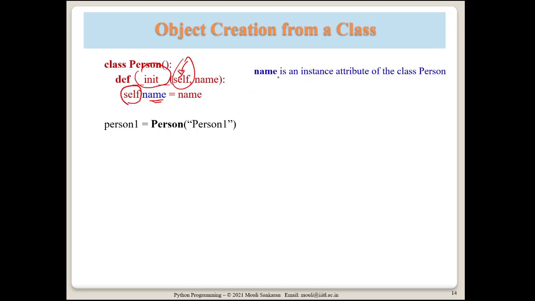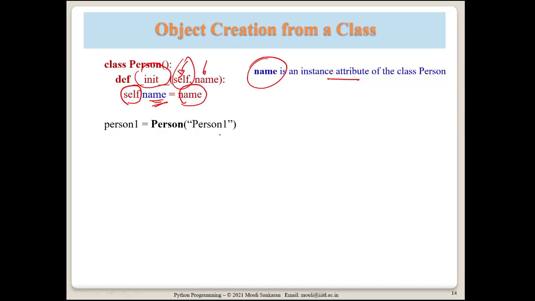So it is creating an instance variable or instance attribute whose ID is name. Now it is getting initialized with this value.